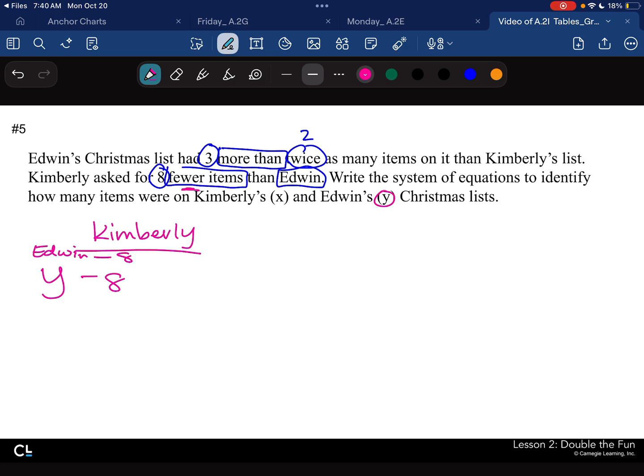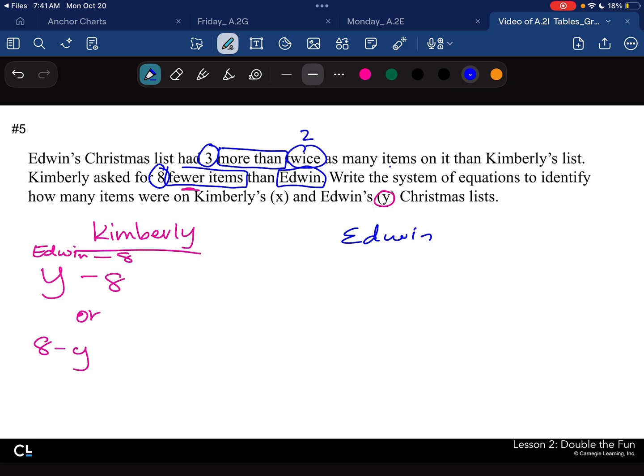We don't know what Edwin has, so we're just going to put it as y. You could have put it as y minus 8 or 8 minus y, whichever is easier for you. That is Kimberly's equation. Whereas Edwin has 3 more than twice as many items as Kimberly.